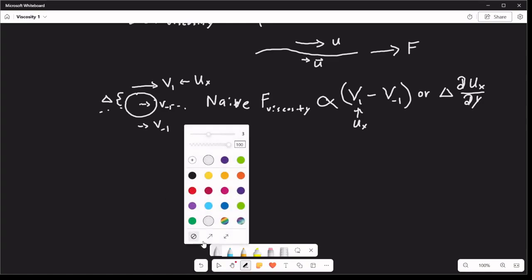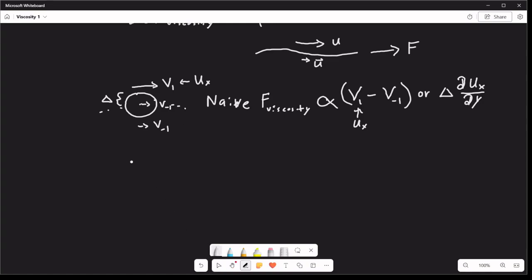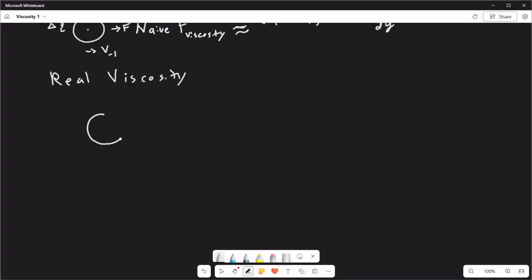So the actual viscosity looks different. So here's the real viscosity. Let's start with the cell again.